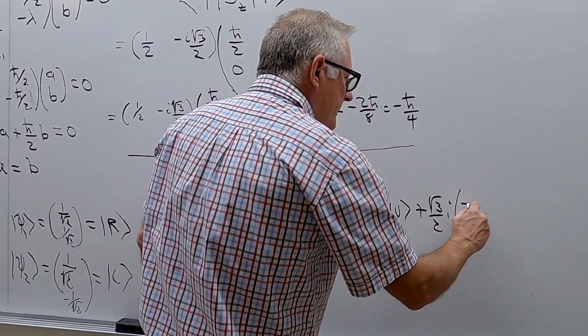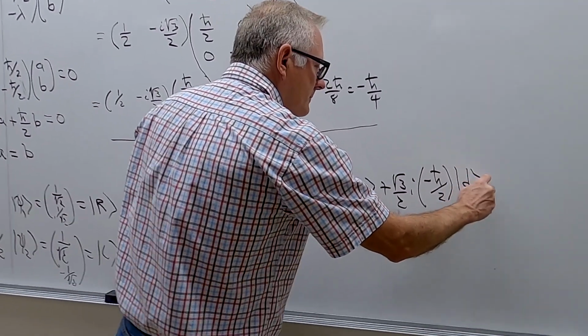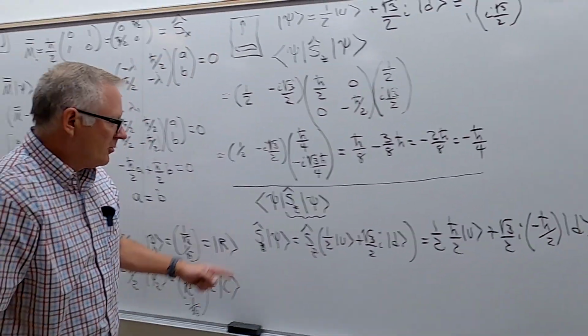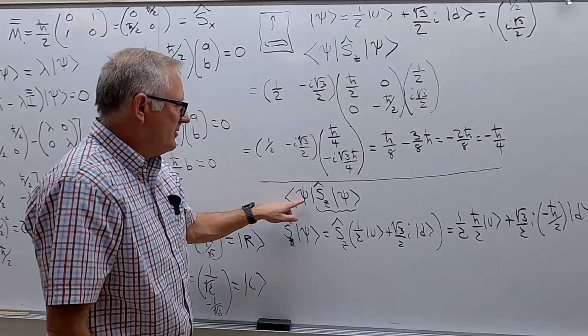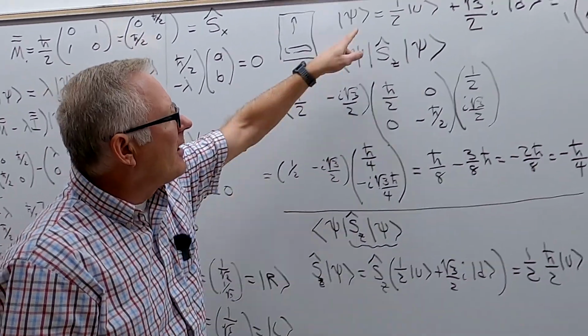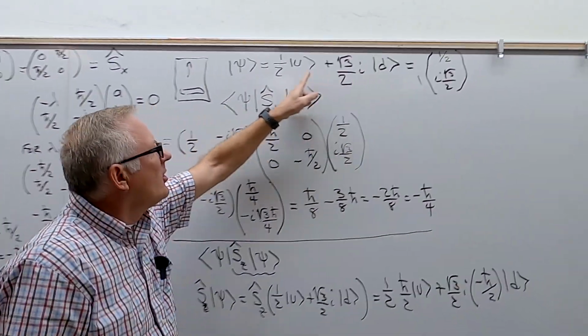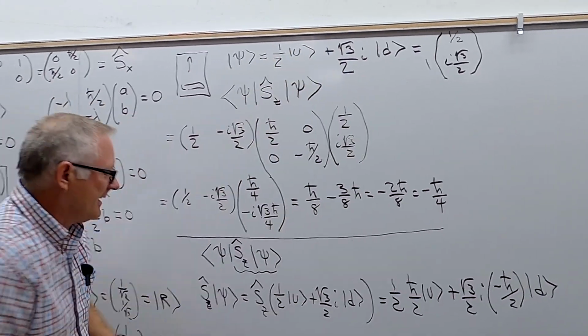Well, that just gives me minus h bar over 2 back on my down again. Okay, so I've done that right there. So now all I have to do is add this part at the beginning. And remember, to get the bra of this, you turn these into bras, and you turn these into their complex conjugate.